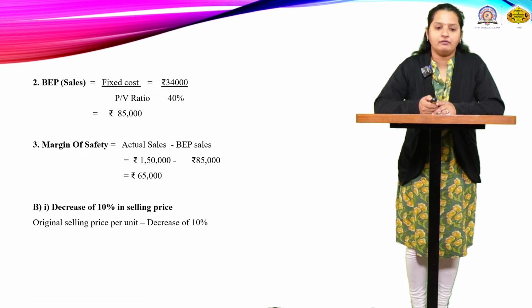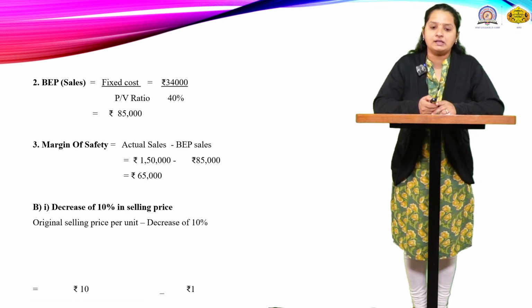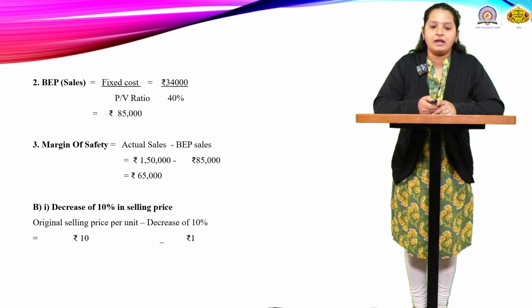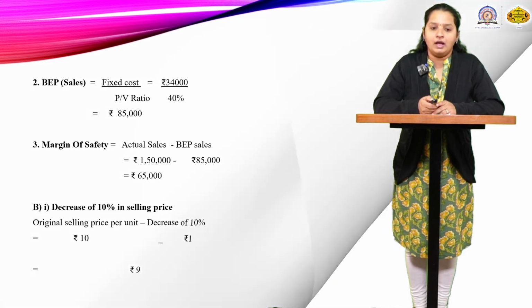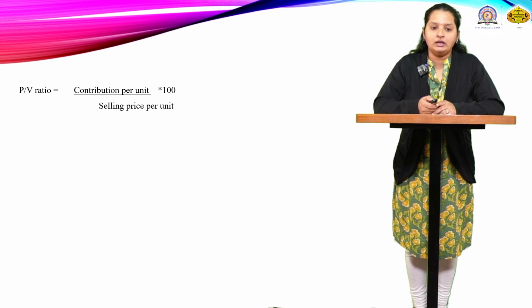Then the second part, which is decrease of 10% in selling price. The original selling price is rupees 10 minus a decrease of 10%, that is 10 into 10%, which is rupees 1. So the new selling price is rupees 9. Hence, to calculate the new PV ratio, we use the formula again: contribution per unit upon selling price per unit into 100.